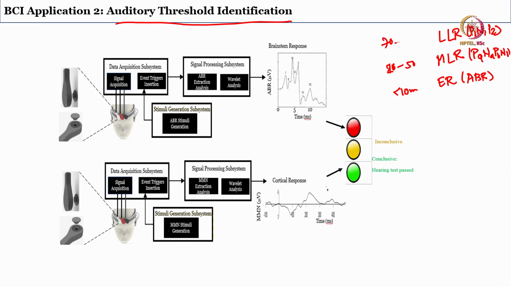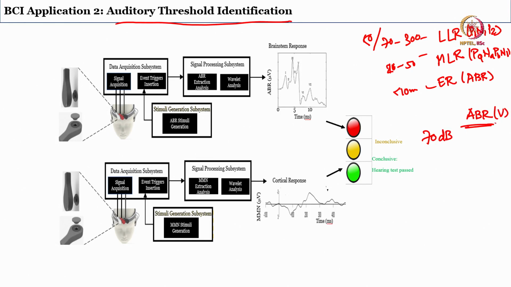Beyond that, 50 to 300 or 350 milliseconds is your LLR. So based on your response you will get a different auditory response, using which you can identify threshold. How to identify threshold? When you are giving 70 dB, you check ABR, meaning the corresponding peaks.